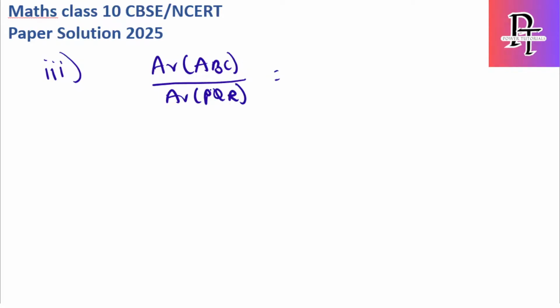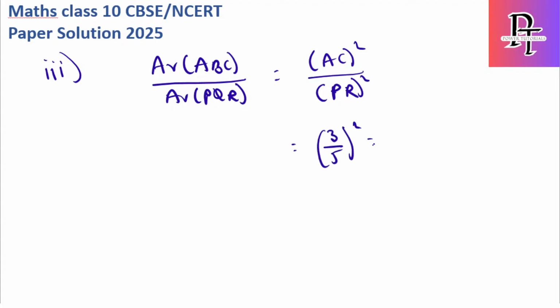If these two triangles are similar, then it's the direct square of the proportional sides, or simply I can say AC square by PR square, and the ratio is already known, which is (3/5) whole square, which is 9/25, the final answer. Always remember, if there are two similar triangles and they are asking the ratio of the areas of the triangles, it is nothing but the square of the corresponding sides' ratio.